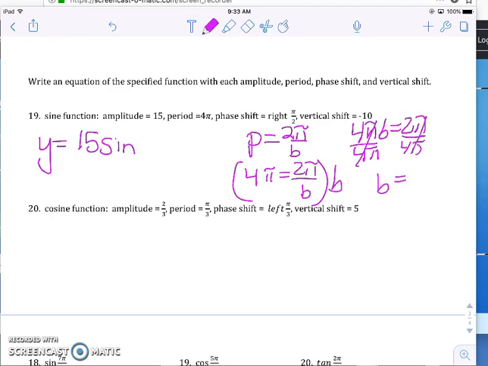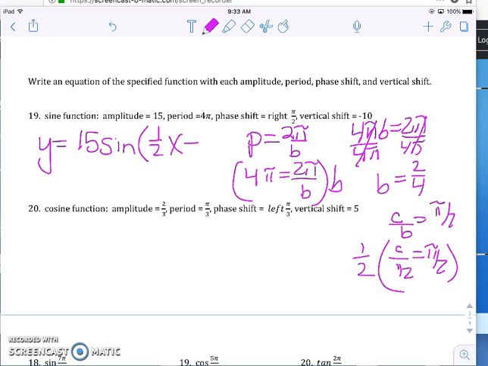So b equals 2/4, or 1/2. So 1/2 x, so that's minus. And so our phase shift, c over b equals pi over 2. C over half equals pi over 2 times half. So c equals pi over 4. And then we have down 10.